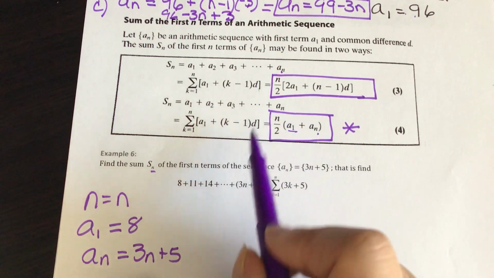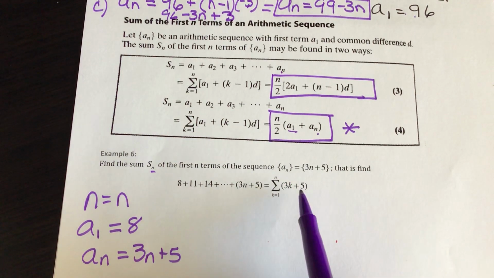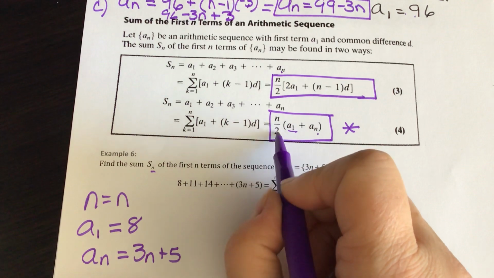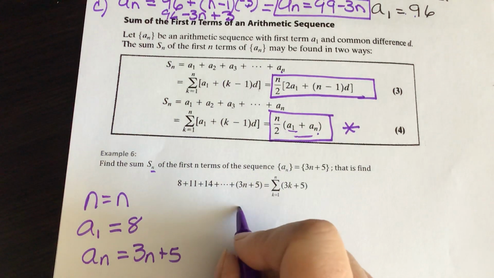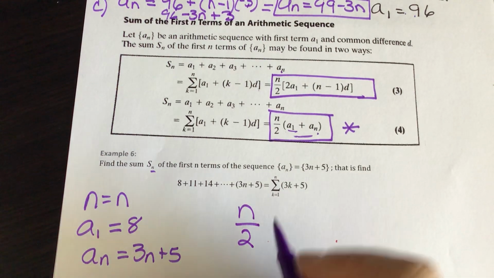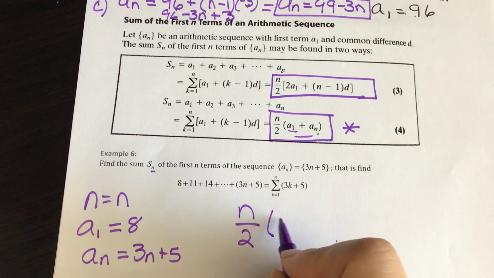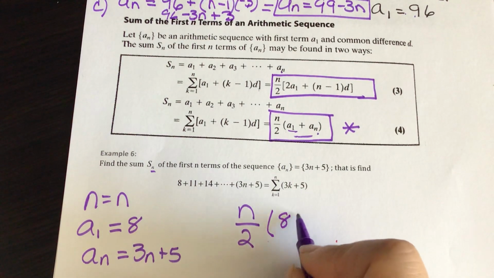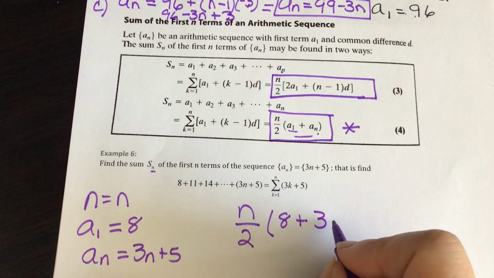So to find the sum of them, I'm going to take this formula, and I have n over 2. N stays n because I don't know the number we want to go to. And I'm going to add the first term, which is 8, to the last term, which is 3n plus 5.